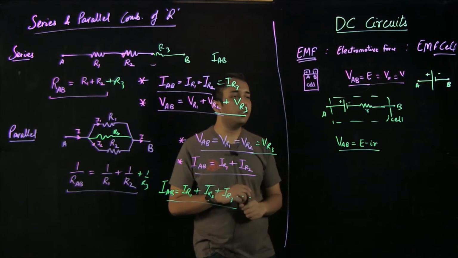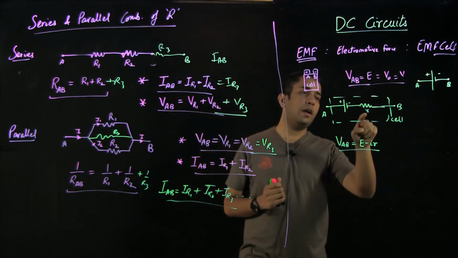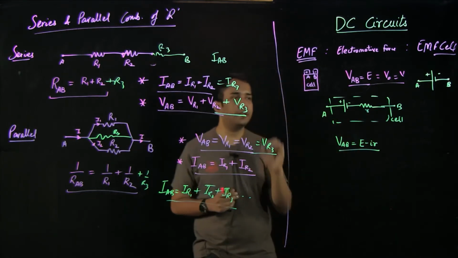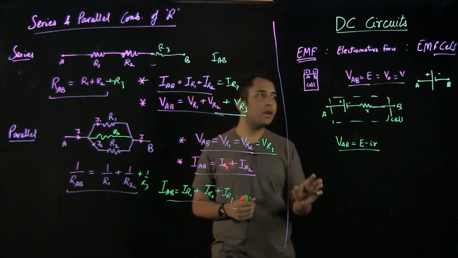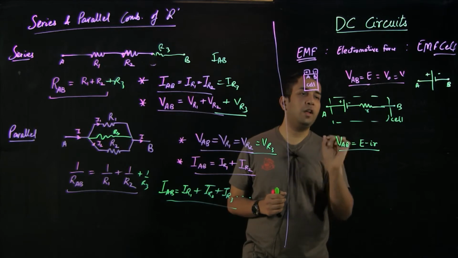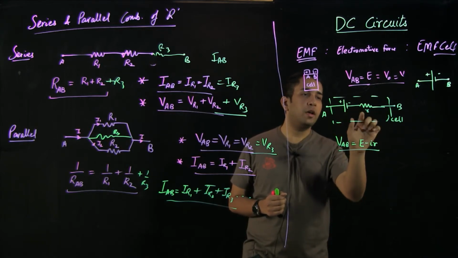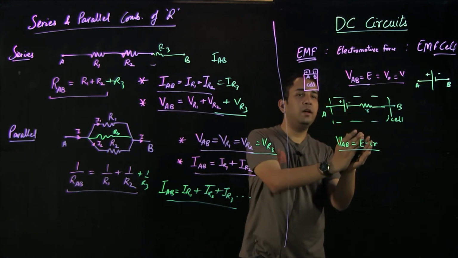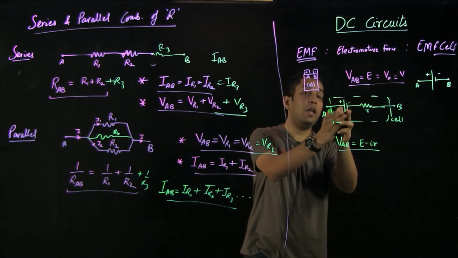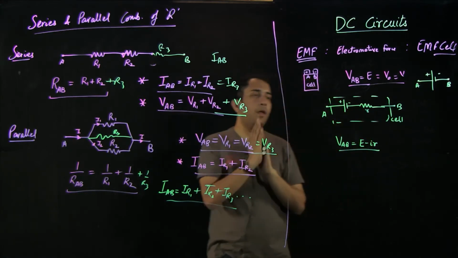Whenever in a question we are given that the internal resistance of a cell exists, we have to carefully take it into account, and instead of just putting the symbol into the circuit, we also have to input a small resistance r, which will be sitting just beside the EMF symbol of the cell.